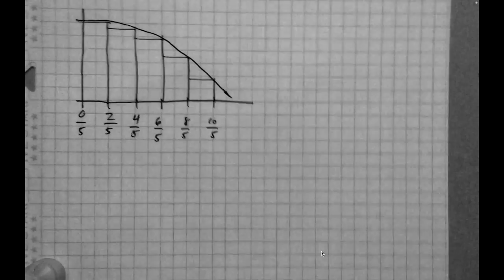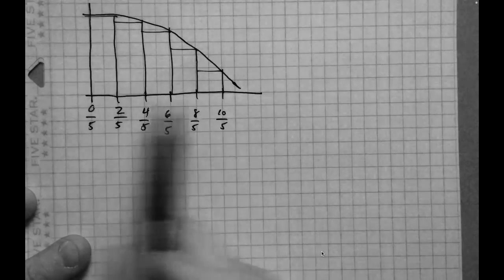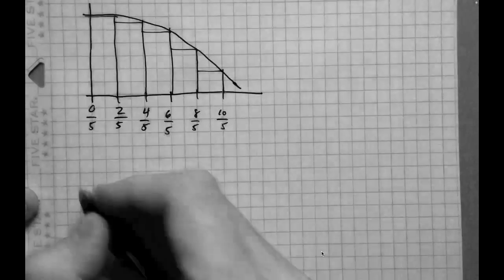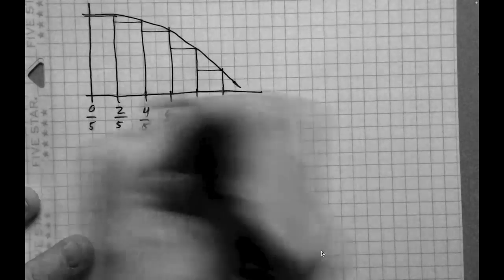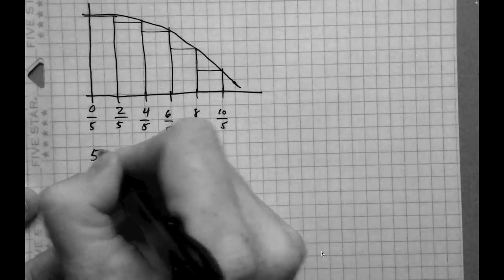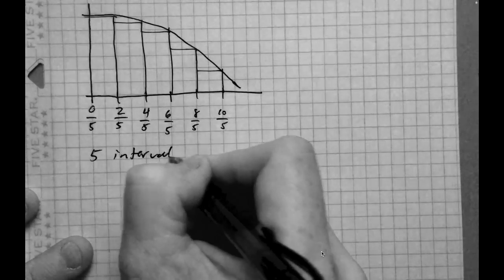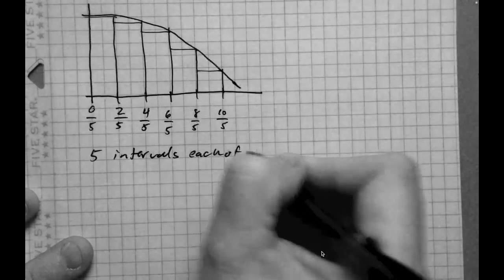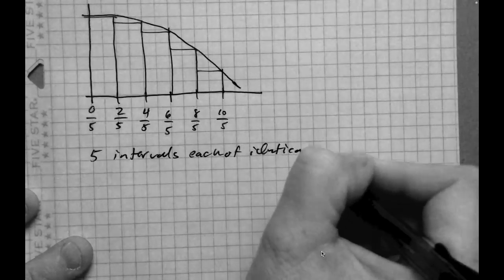Now, in this example, the width of the rectangles is all the same. And so 5 intervals are created: 1, 2, 3, 4, 5. So 5 intervals, each of identical width.